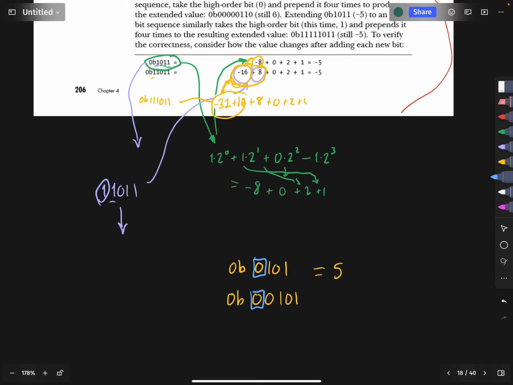Make copies of that out to the left until you have the number of bits that you desire. If it was positive, that means making leftward copies of 0. And if it were 1, then that means making leftward copies of extra bits of 1. And in 2's complement, that will keep the number the same, but give it extra bits.